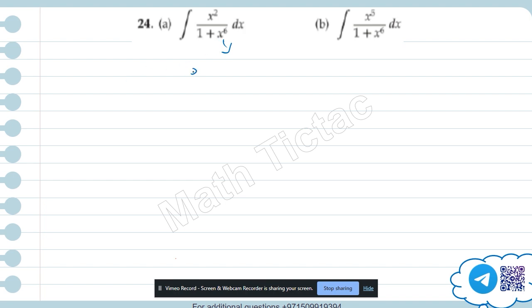This is going to be x squared over (1 plus x cubed) to the power 2. My assumption will be u is equal to x cubed, then I will continue. For this, the derivative of the denominator is 6x to the power 5, so you can find it in the numerator and solve the question by len.